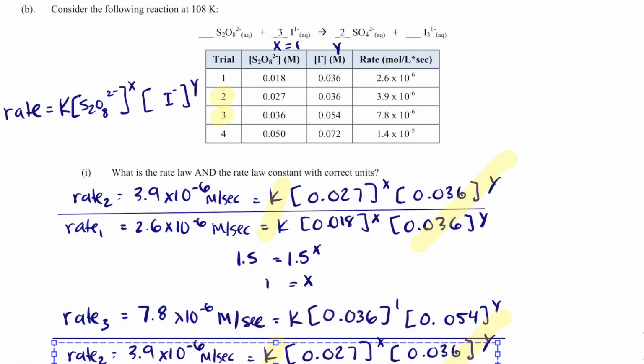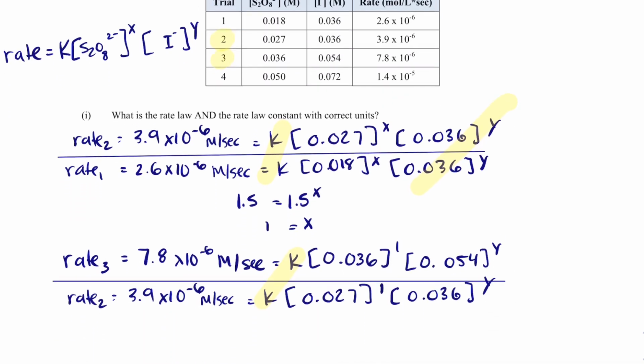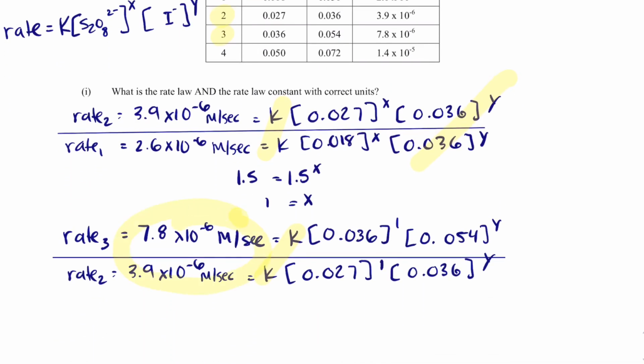And within rate 2, nothing cancels except my k's. So what I'm left with is 7.8 divided by 3.9, and that is 2. 0.036 divided by 0.027, that's right here.